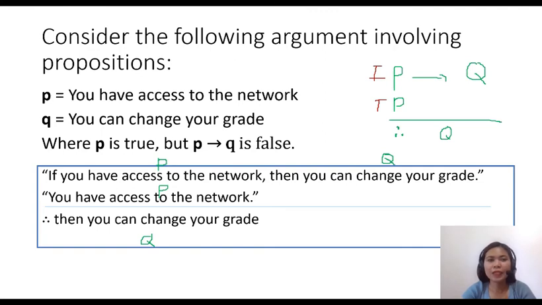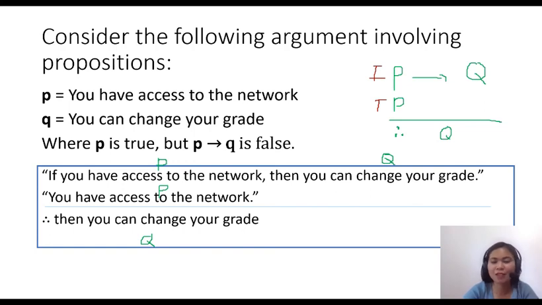So, basically, in our discussion, para ma-analyze natin ang argument, we have to replace propositions by propositional variables first. So, this changes an argument to an argument form. So, we saw that yung validity of an argument follows from the validity of the form of the argument.